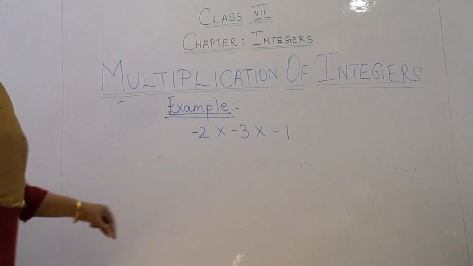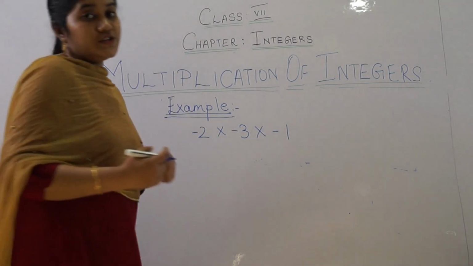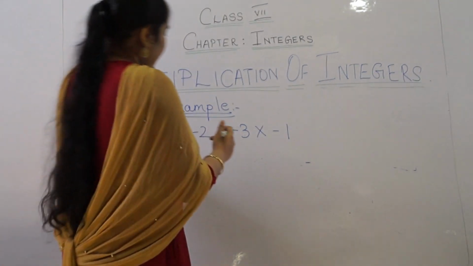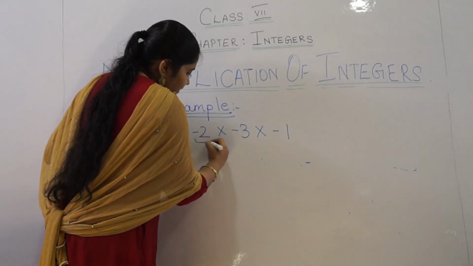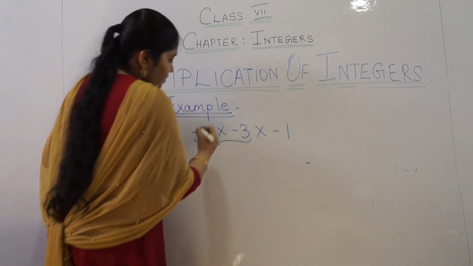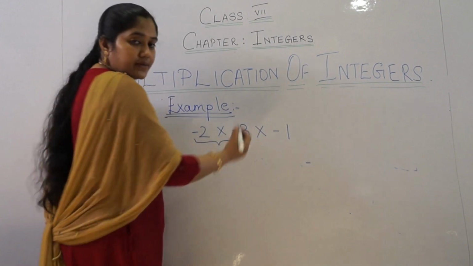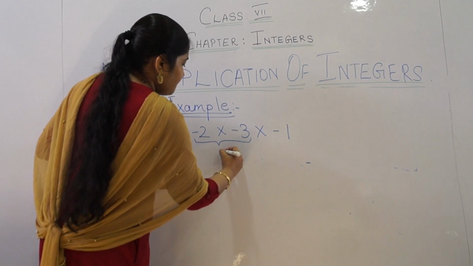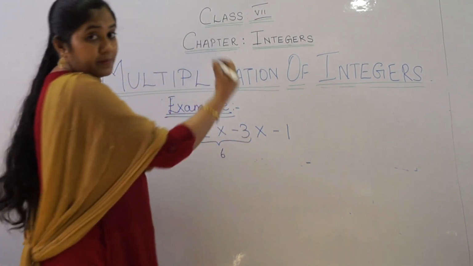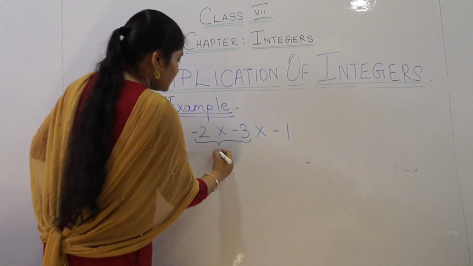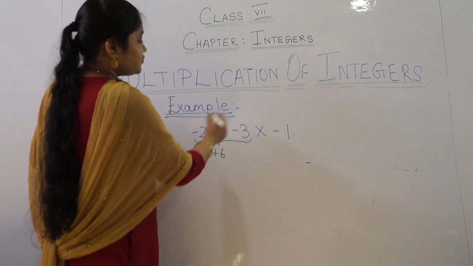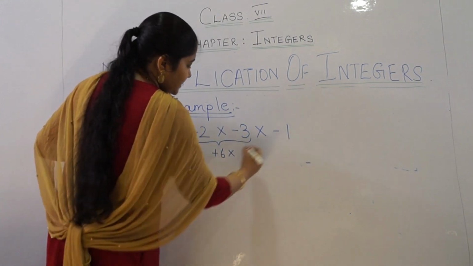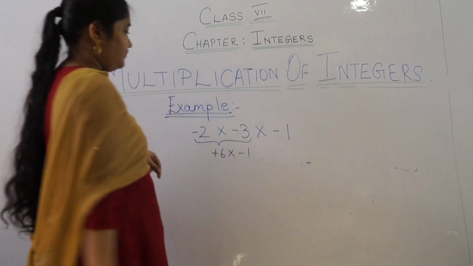Now here more than two integers are involved. So what I do first is I multiply the first two integers. So minus 2 into minus 3. 2 into 3 is nothing but 6. Minus into minus, from the multiplication table it becomes plus. So this minus 2 into minus 3 becomes plus 6, into this minus 1 we write as it is.